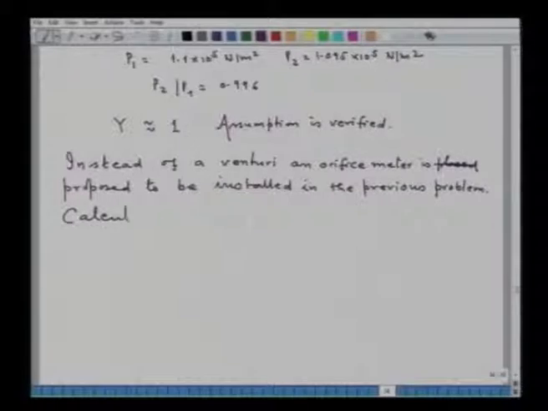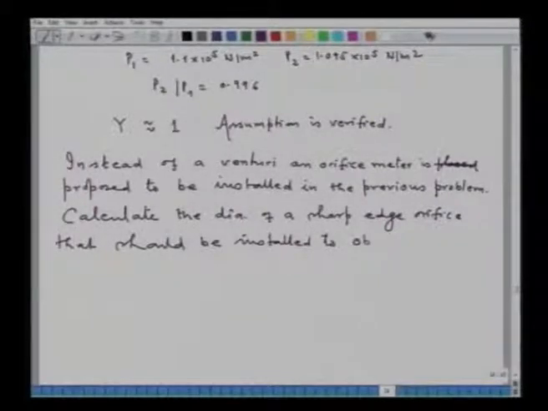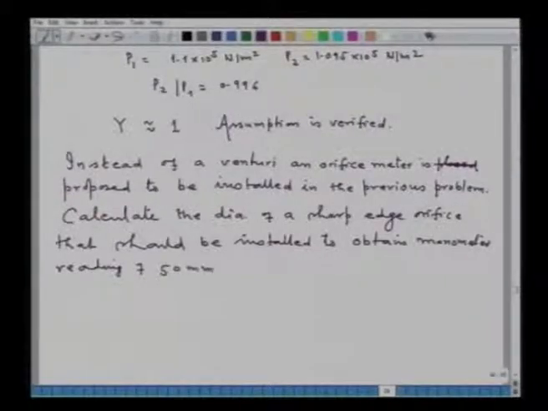Calculate the diameter of a sharp edge orifice that should be installed to obtain a manometer reading of 50 millimeter. Take CD for this problem of orifice equal to 0.62.